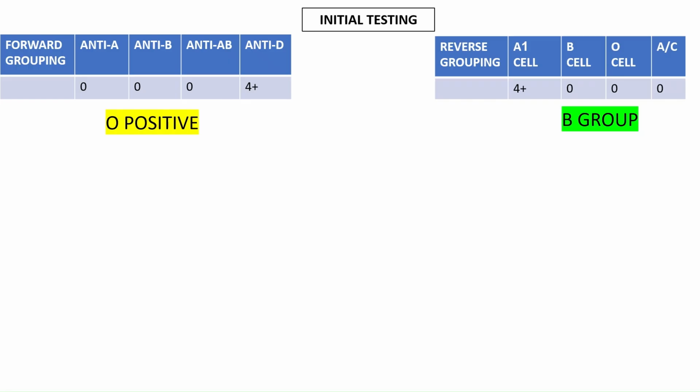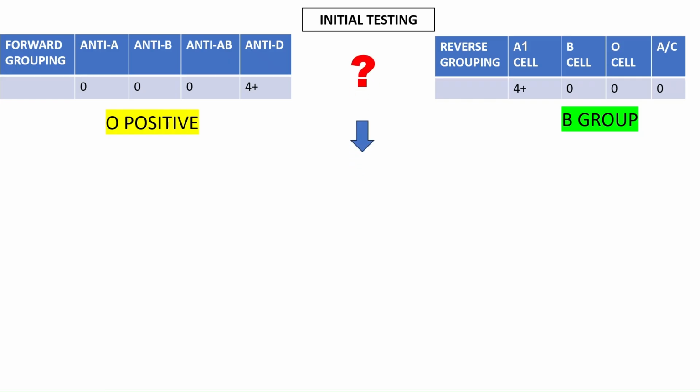Now the patient sample was requested again, a fresh sample was obtained, proper washing was performed, and the forward and reverse grouping were done at various temperatures, but the test results did not vary and remained the same. The forward still showed O positive and the reverse showed B grouping.